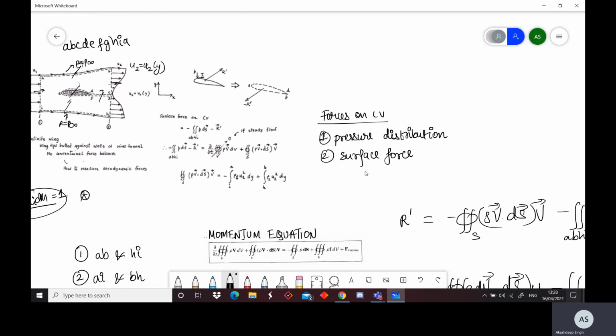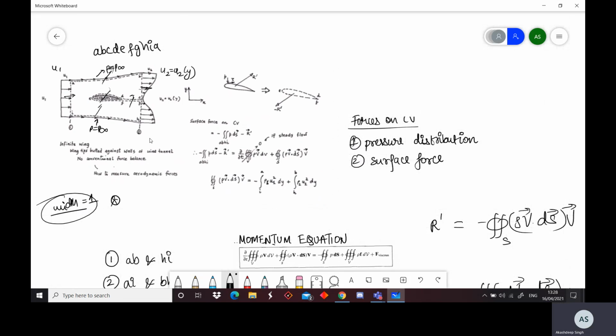There are two major forces as I've written: pressure distribution and the surface force. For the pressure distribution over the surface ABHI, we can write the expression as the surface integral of p dS. This will be my pressure distribution over the surface ABHI.